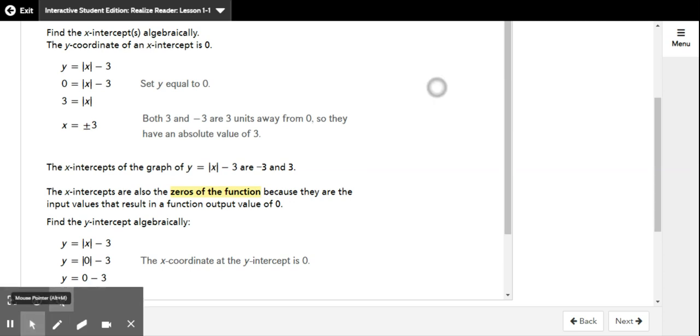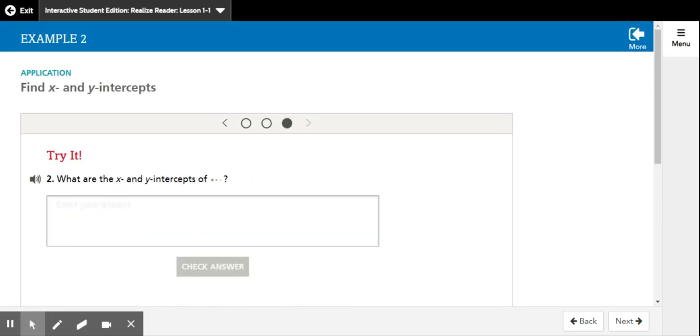Okay, so let's just do the third part. What are the x and y intercepts of g of x is equal to 4 minus x squared? Same deal. I'm going to change this to y equals, because that's what g of x actually is.